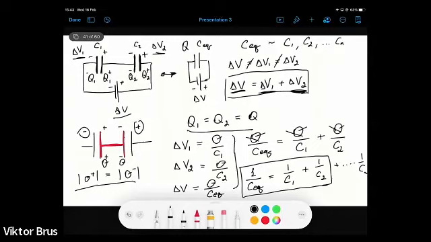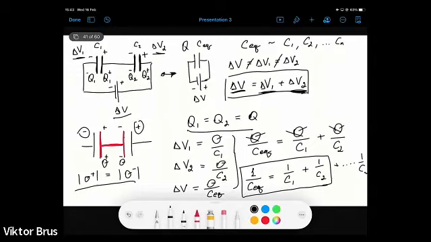And further, we will proceed with calculation of electric energy accumulated in a capacitor, which is charged to some given potential difference.